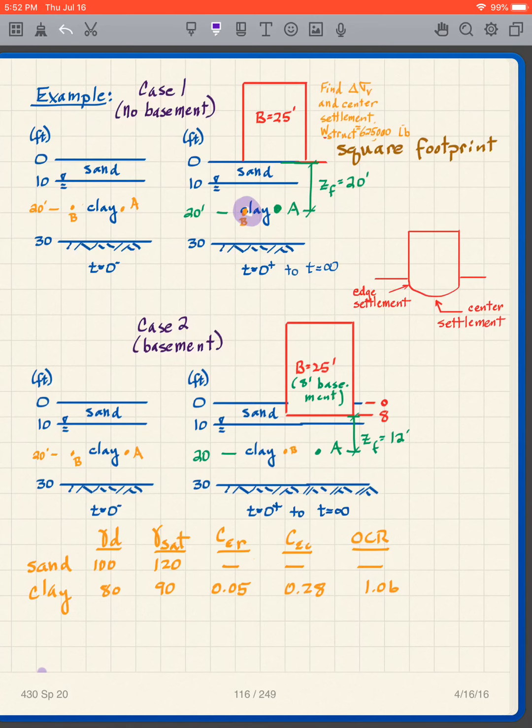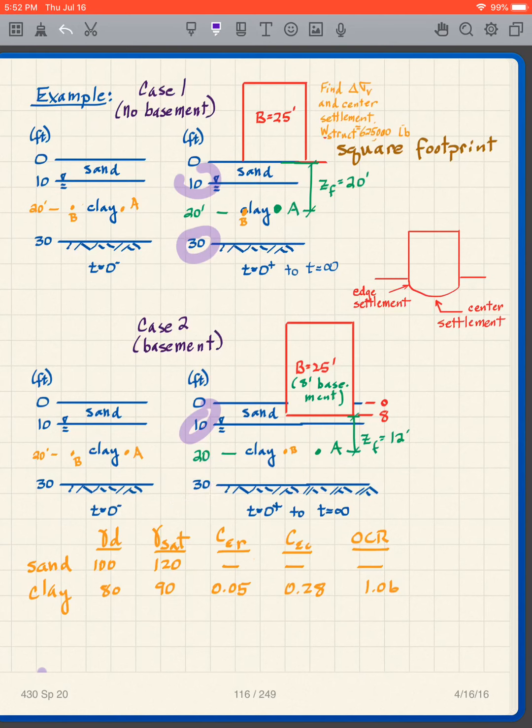So if you look at it, my points of interest, well, it's important that you figure out the point of interest correctly, but I'll just indicate it. In this particular case, our clay layer is, both soil profiles are the same, from 10 to 30. That means our H, or my clay layer thickness, is 20 feet.